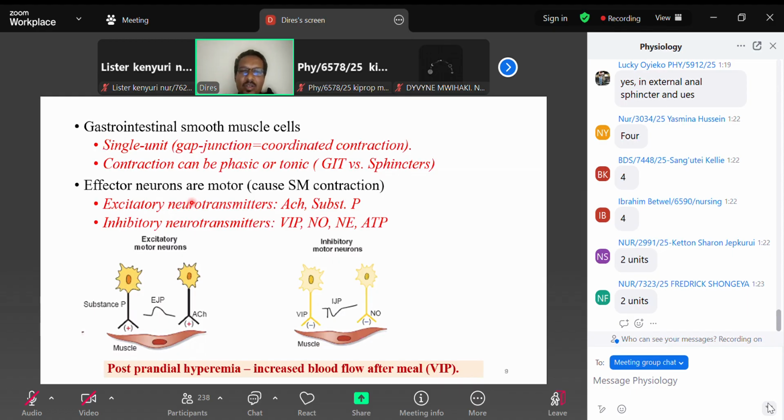Is it phasic or tonic contraction? When you are not eating food, the contraction of the stomach is not intense, mild contraction. When the food reaches the stomach, contraction increases. This type of contraction is called phasic type of contraction. Sometimes it increases, other times it decreases.